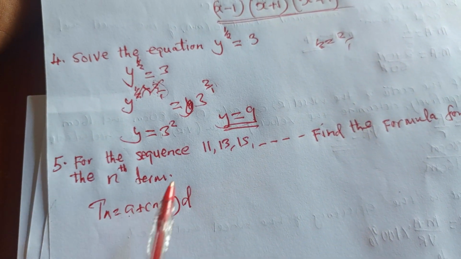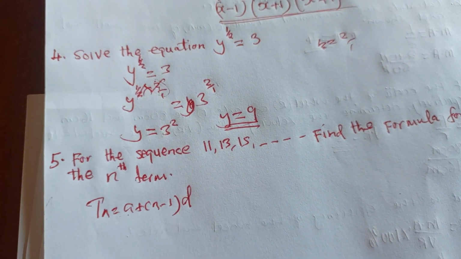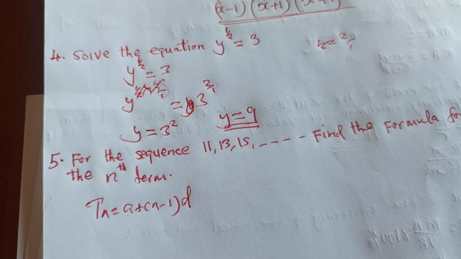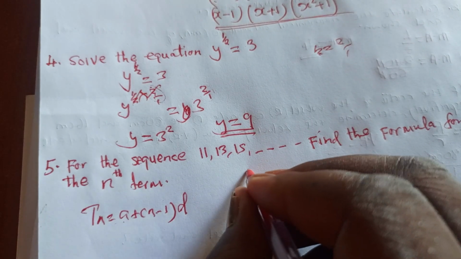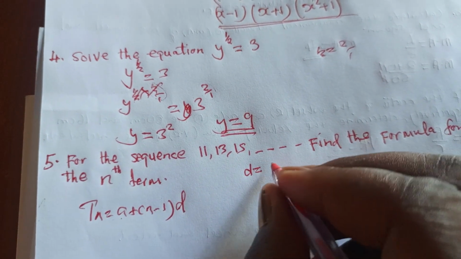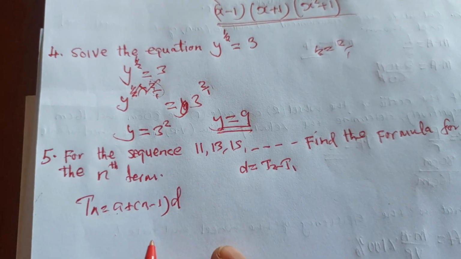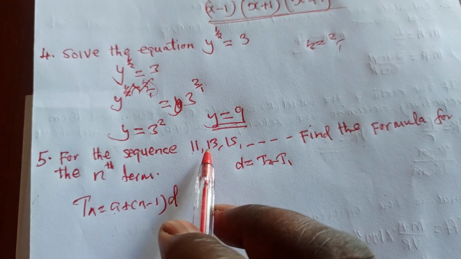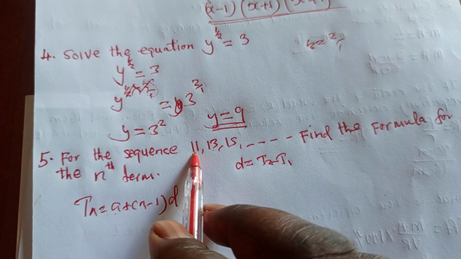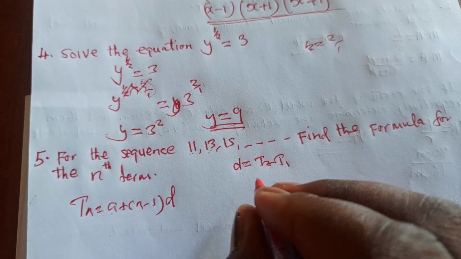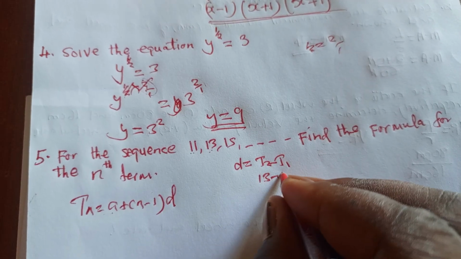A is the first term, which here is 11, n is the number of terms, and D is the common difference. How do we find the common difference? The common difference is given by T2 minus T1, the second term minus the first term. So term 1, term 2, term 3. You subtract 13 minus 11.